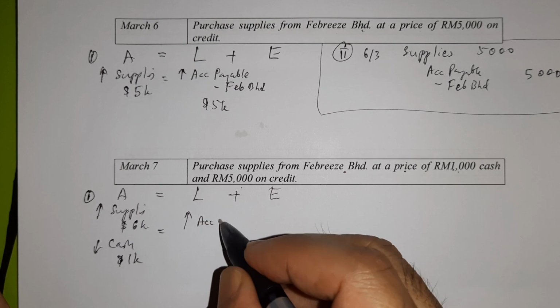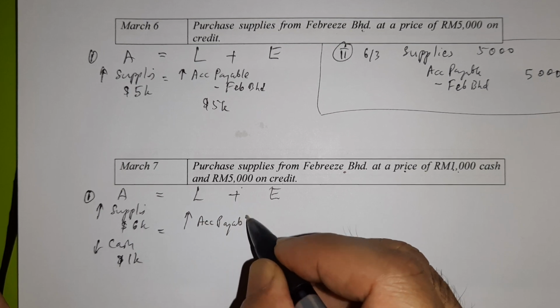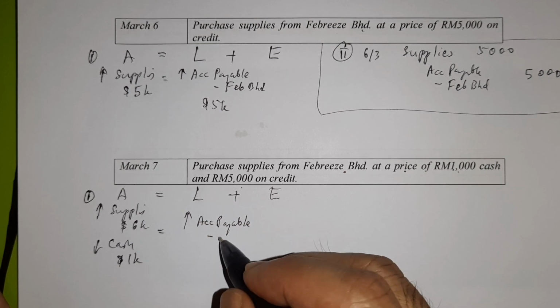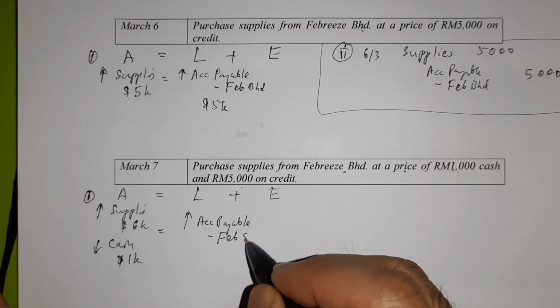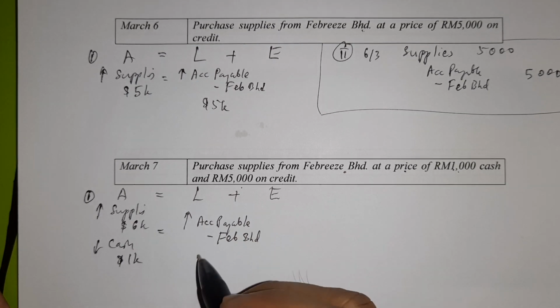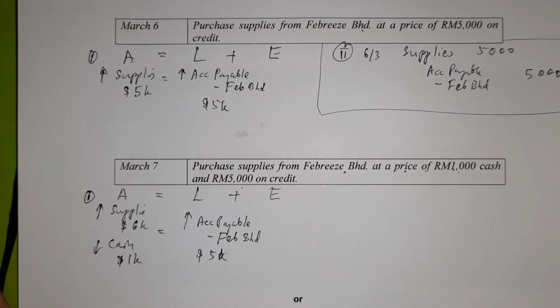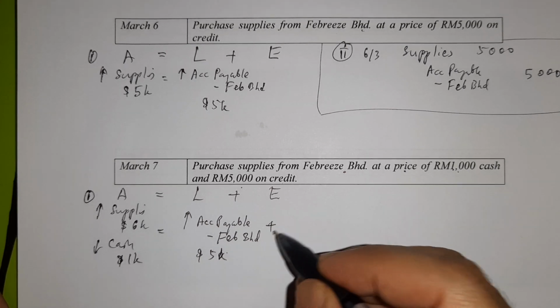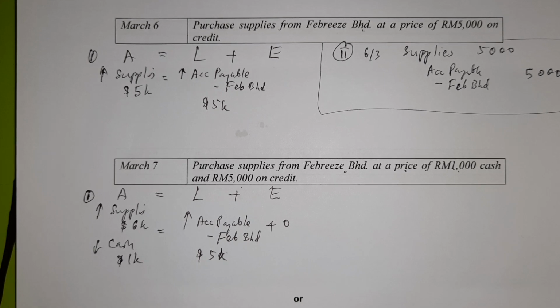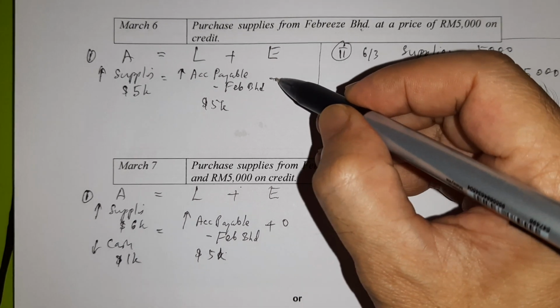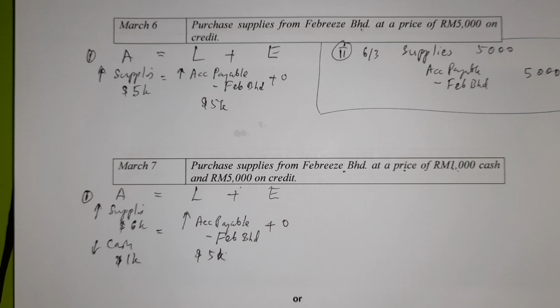The name of the account is account payable. Name of the supplier is Fibris Berhad. The amount is 5,000. Okay. No effect on the equity.